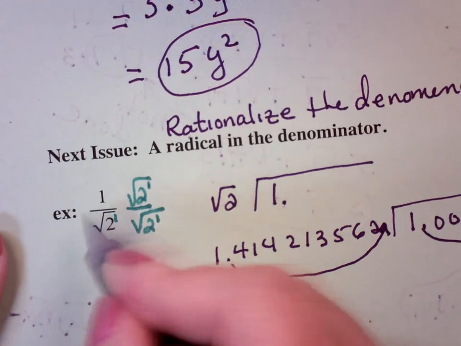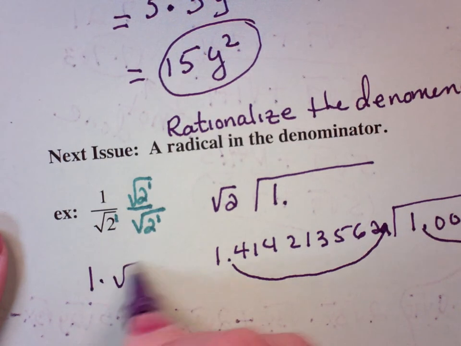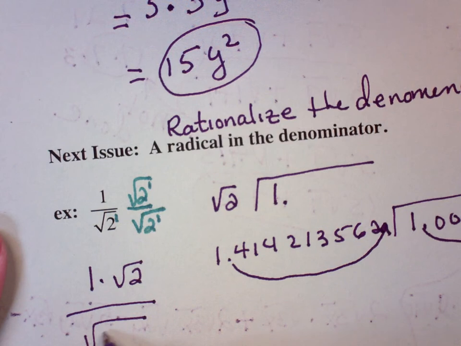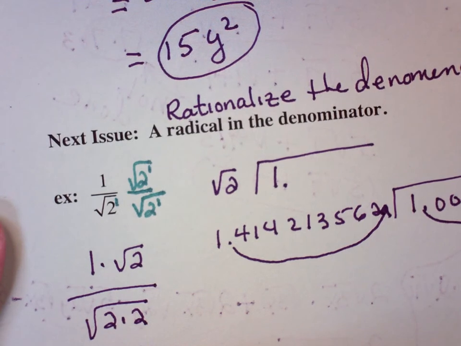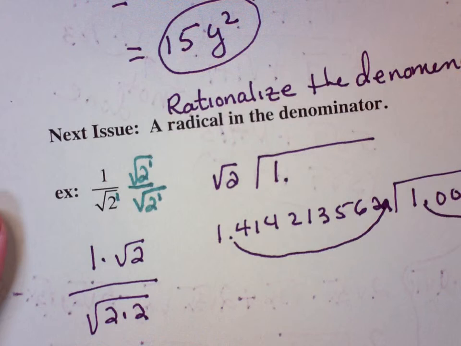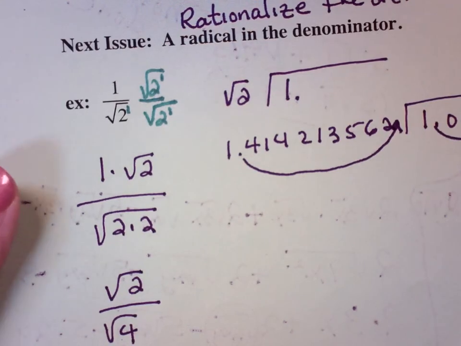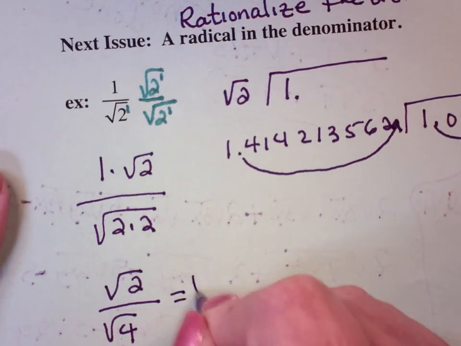I will get 1 times the square root of 2 over the square root of 2 times 2, which is 2 to the 1 times 2 to the 1, which is going to be the square root of 2 over the square root of 4, which is just the square root of 2 over 2.